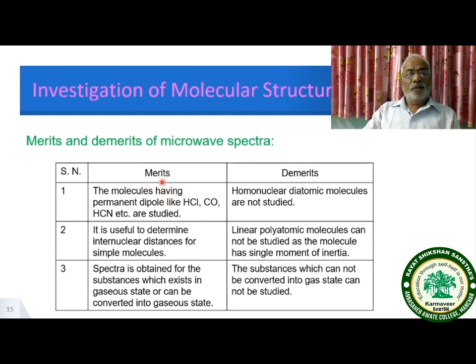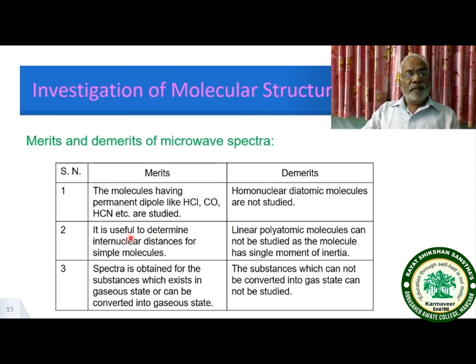The molecules which possess a permanent dipole moment are microwave active, and only those are studied for microwave or rotational spectra. This is the merit. But molecules which do not possess a permanent dipole moment, like homonuclear diatomic molecules, do not give rotational spectra. This is the limitation or disadvantage.